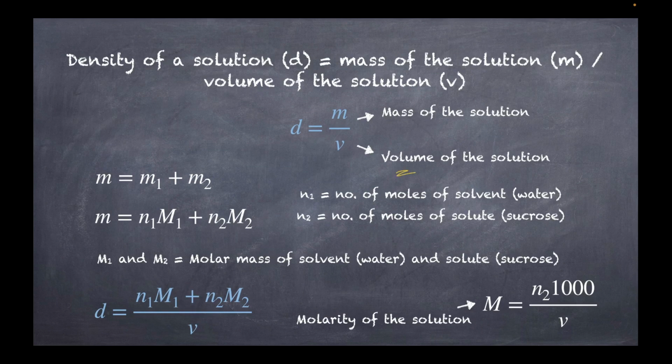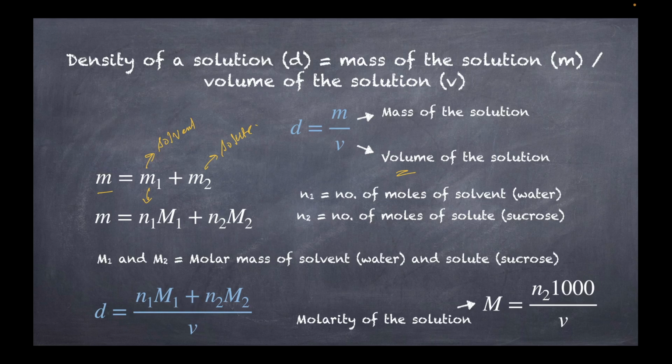Now let's say in our solution m1 gram of solvent is there, and m2 gram of solute is there. That means m1 gram of water and m2 gram of sucrose. So the total mass m will be just m1 plus m2. Now we can express m1 in terms of the number of moles and the molar mass.